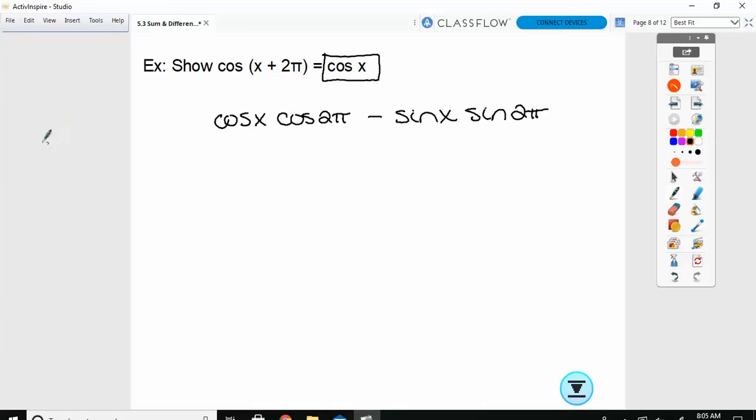So 2 pi is right here. That's the same as 0. So you can use your hand trick. You can think about the unit circle. Cosine is the x. What is cosine of 2 pi, or the cosine of 0? 1. Minus sine of x times, what is the sine of 2 pi, or the sine of 0?